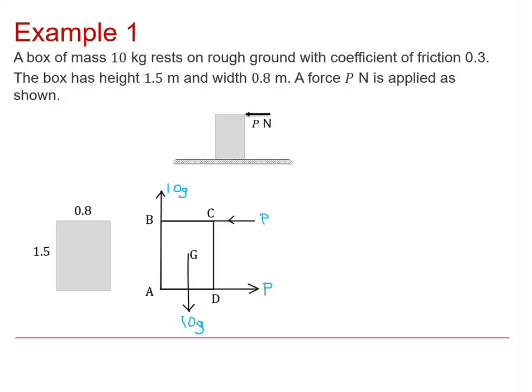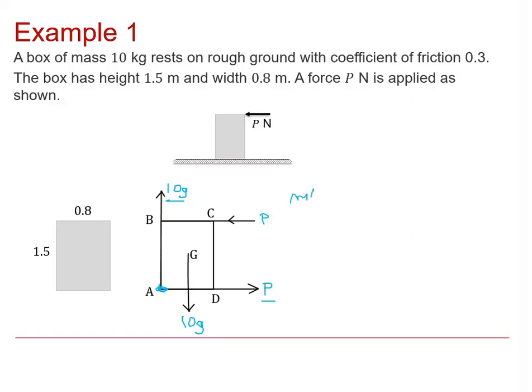So with that diagram now, if we want to find out what P is, we'll need to do it by moments. So if we take moments about the point A, the virtue of doing that is that the 10g force, which is the normal reaction, and the P force, which is the friction, alike don't have any moment.